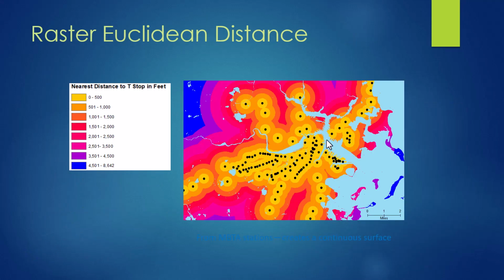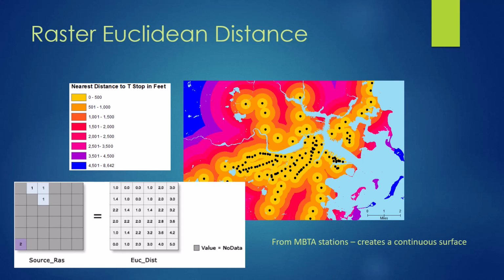Now, finally, there's a tool that is raster based. That is, it uses a vector feature layer, for example, points, to calculate the distance from the points out. In this example, what you're seeing is the MBTA stations that were used to create a continuous surface, giving you the distance from the MBTA stations. So again, with this tool, the distance is calculated as a raster.